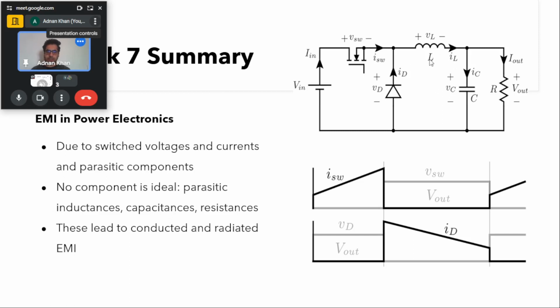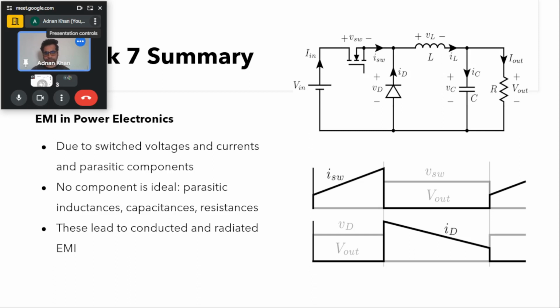Let us take an example of this inductor. Here we can see the potential at the two ends of the inductor is different, and there will always be some dielectric between these two ends, which forms a parasitic capacitance between them, and a capacitive current will flow through.